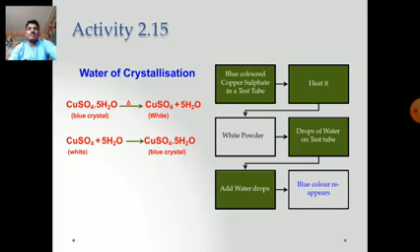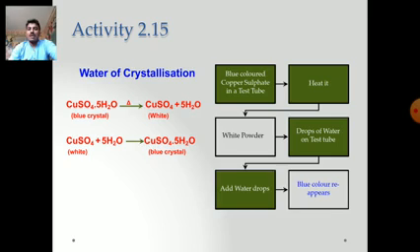Next one, activity 2.15, water of crystallization. What is the activity? Blue copper sulfate in a test tube is lightly heated and converted into a white powder. When we add some drops of water to the white powder, the blue color reappears.